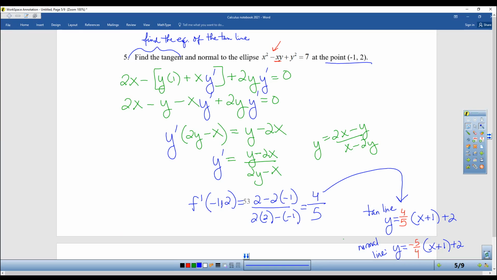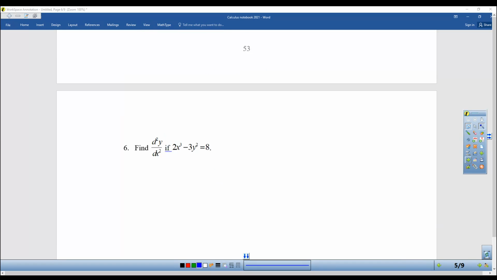I don't have to do any more work for normal. Normal is a fancy way of saying perpendicular. So the normal line would have a slope of negative 5 over 4, negative reciprocal. You guys are doing great.